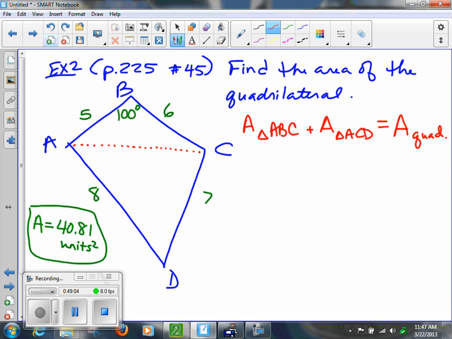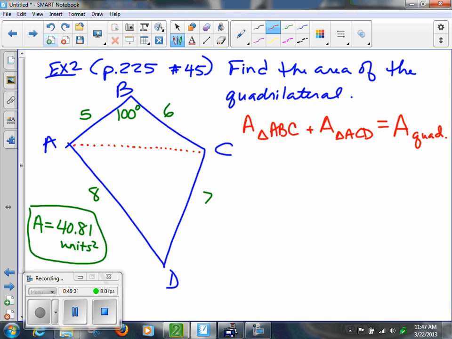Angle D, I don't know the angle measure. But let me ask you something. Focus. I need to find side AC, don't I? How am I going to find it? Nope, can't use the Pythagorean theorem because it's not a right triangle.